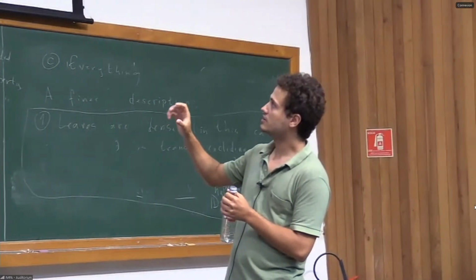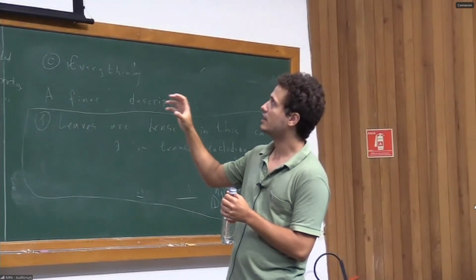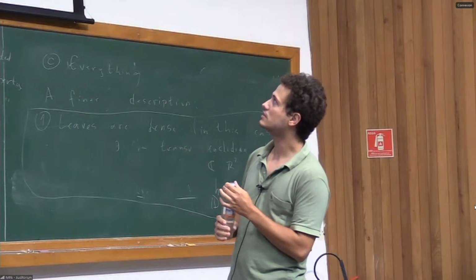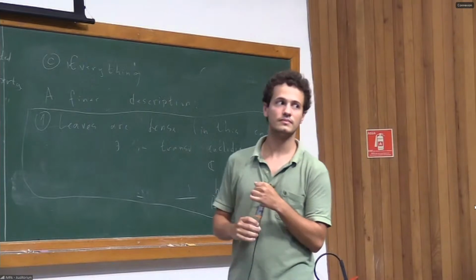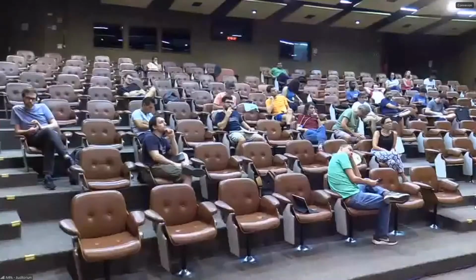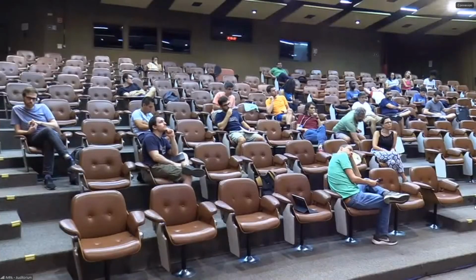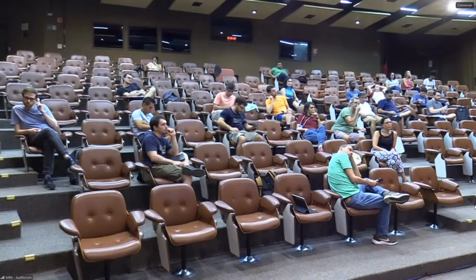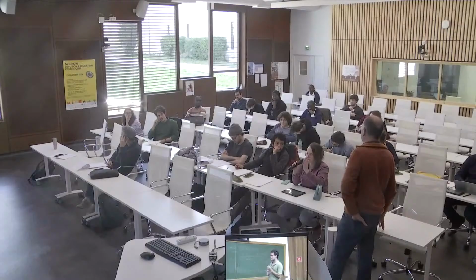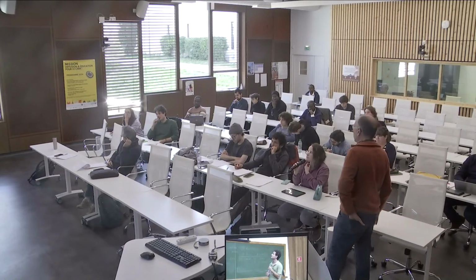So these g_ij will be elements of the group G. But is there something geometric that we can tell about the foliation?